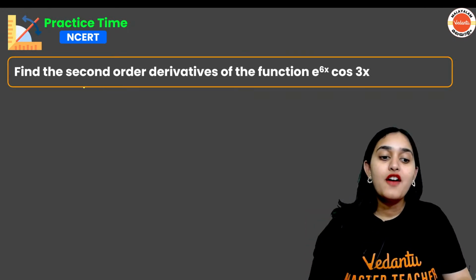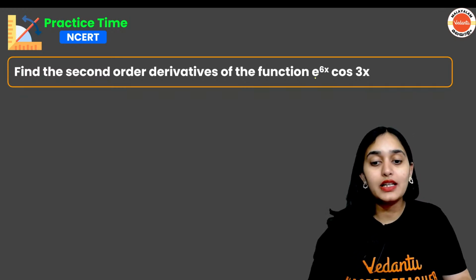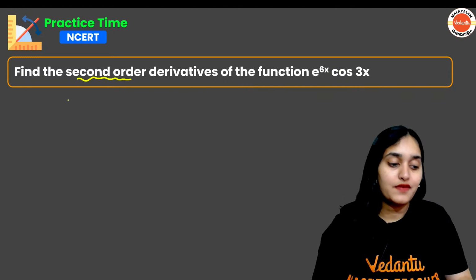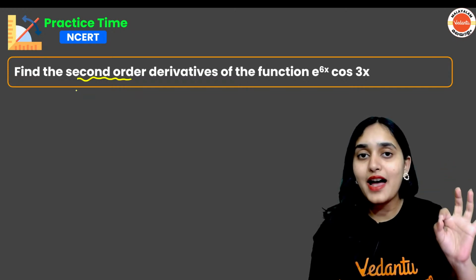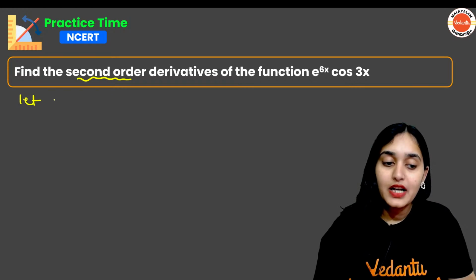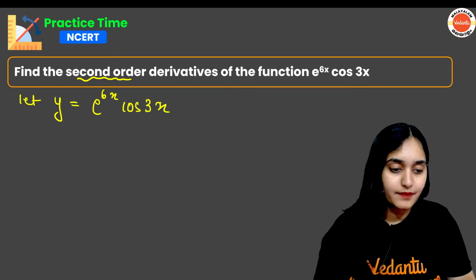Next question. Find the second order derivative of the function e to the power 6x cos 3x. They are asking about the second order derivative. So first of all, we will find the first order derivative. Let y is equal to e to the power 6x cos 3x.